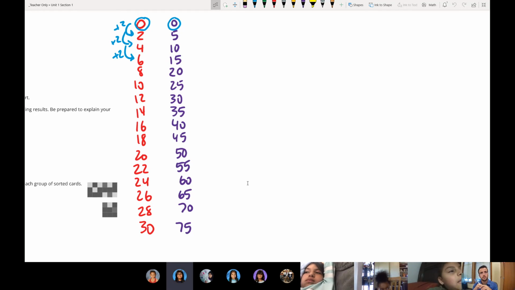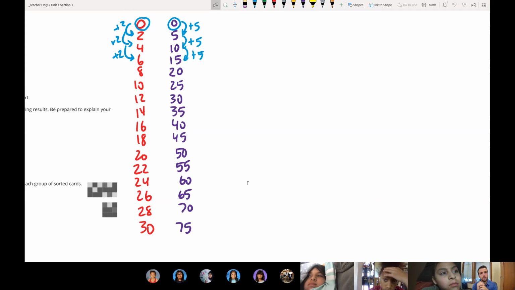The second one shows that they're counting by 5s. Okay, so on this side, we're going +5. Here's a question for you. Are there any of the same numbers on either side?